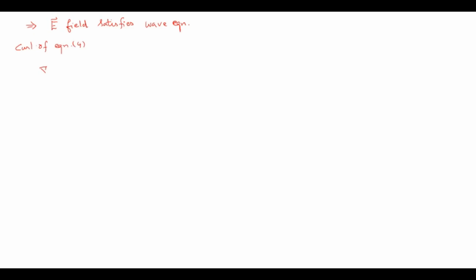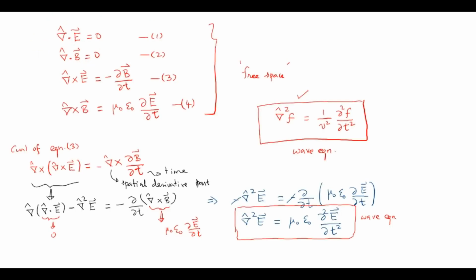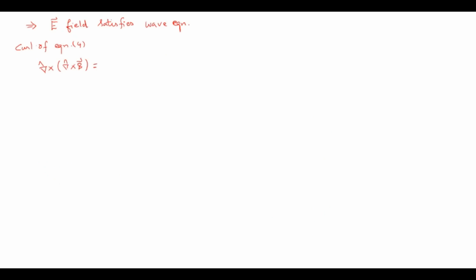When I take the curl of B vector, it is equal to this part, mu naught epsilon naught times, this part I am going to take the curl. Mu naught epsilon 0 is a constant, so I write it as it is, and then the curl of partial derivative of E vector with respect to t.